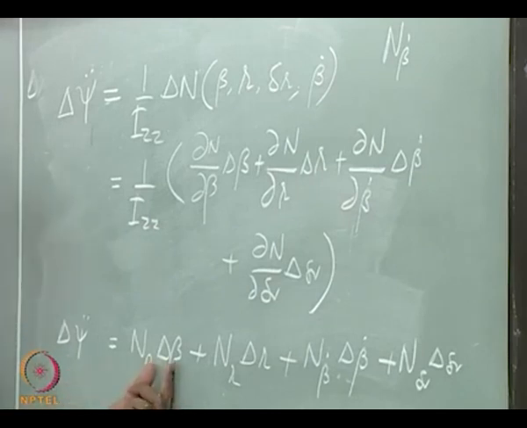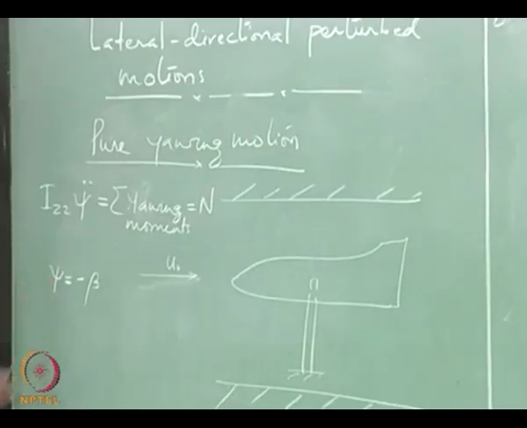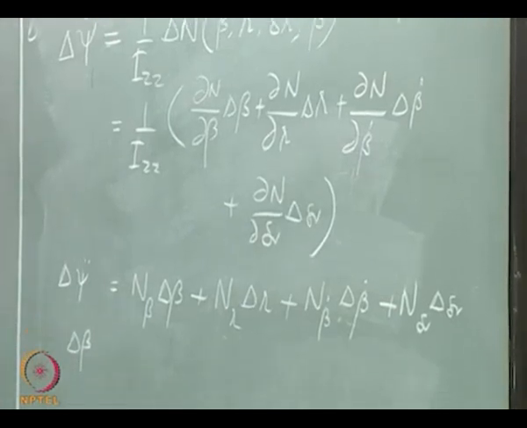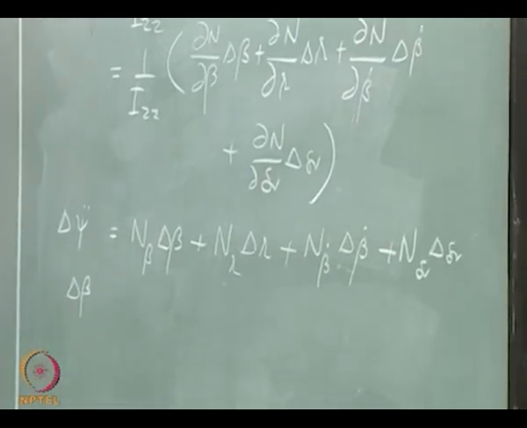This delta beta is minus of delta psi, right. And this is possible only when we are talking about small angles, right. We are not talking about large angles here.